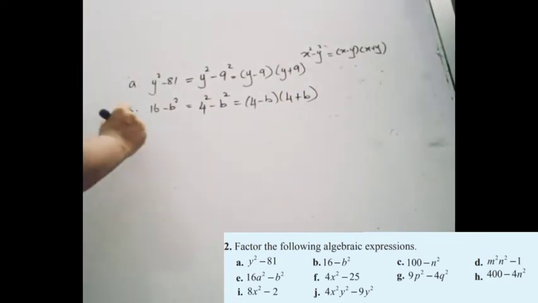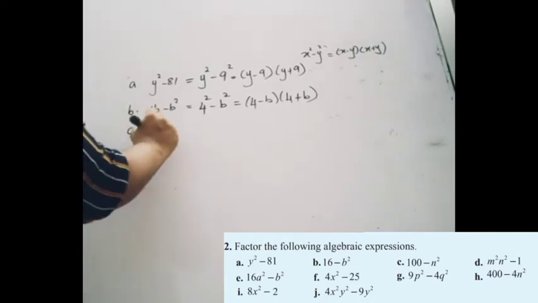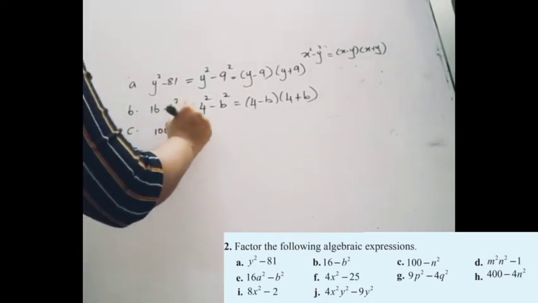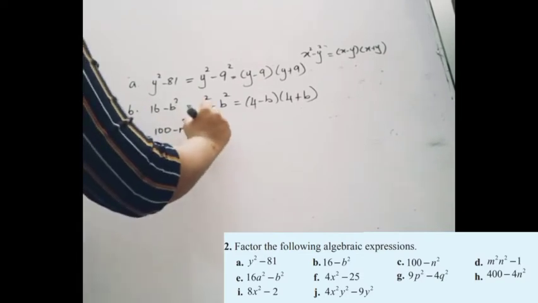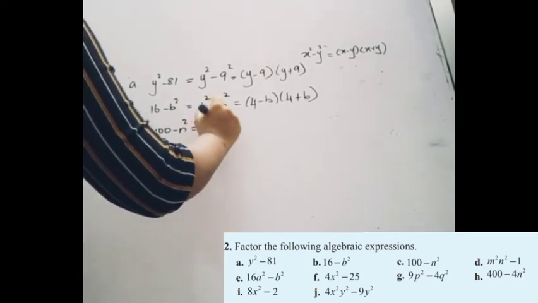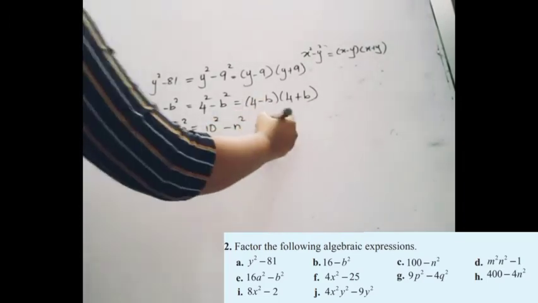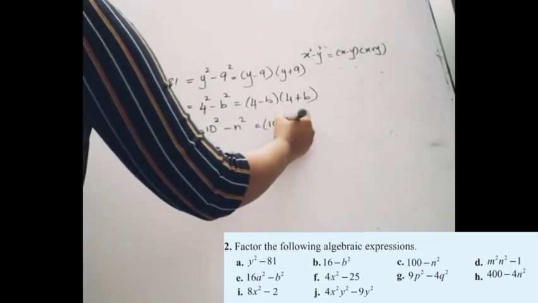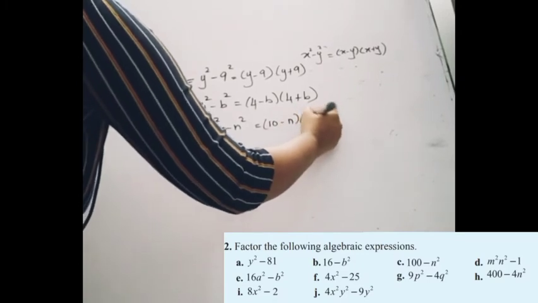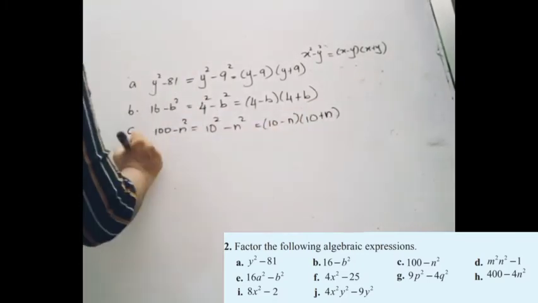The third question is 100 minus n square. Once again, 100 can be written as 10 square minus n square. So the difference of two squares can be factorized as 10 minus n into 10 plus n.